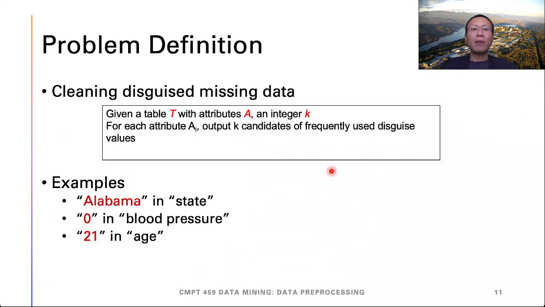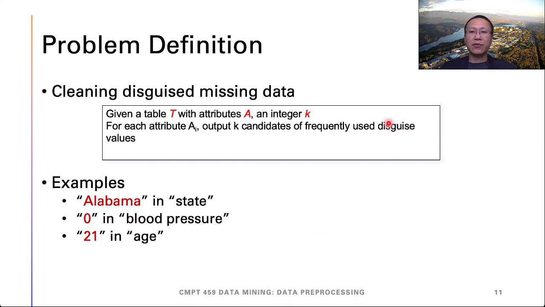Then the problem of cleaning disguised missing values becomes the following. We are given a table T with attribute set A and an integer K. K typically can be a very small number like 1, 2, or 3. For each attribute Ai in this A, we want to identify up to K candidates that are frequently used as disguise values.